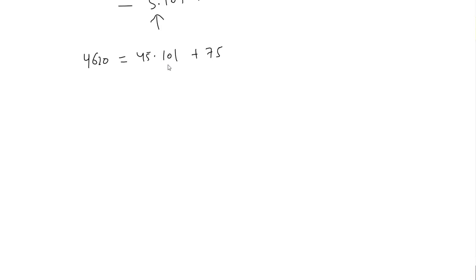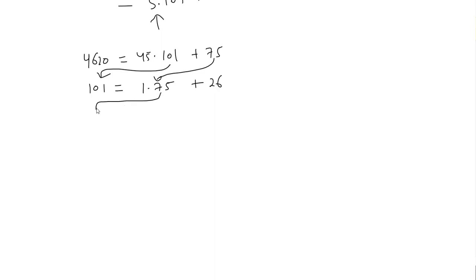Then 101 will be the dividend and 75 the divisor. If you divide 101 by 75, you'll get a quotient of 1 and a remainder of 26.